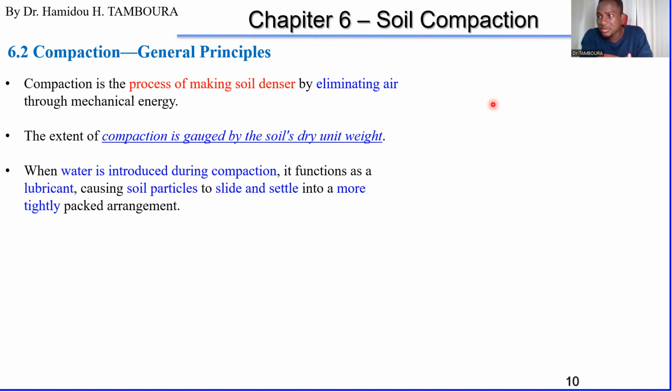But you will see that the amount of water that is needed for good compaction is somehow an optimum amount. You cannot put the water anyhow also. Okay, but we need water to do good compaction.